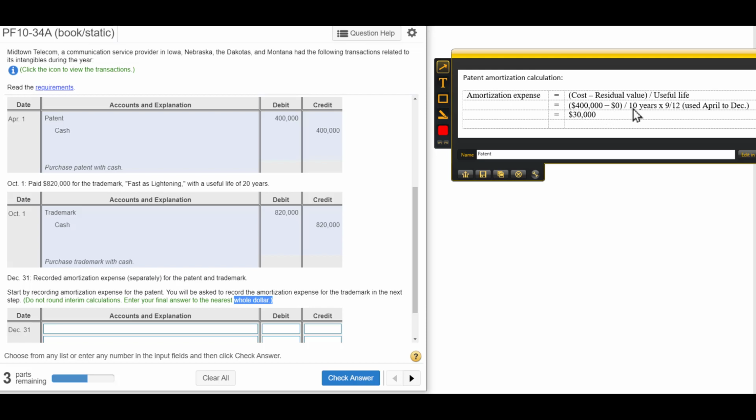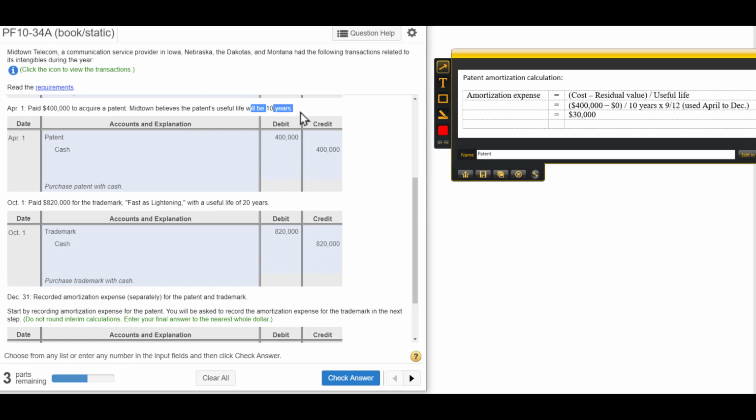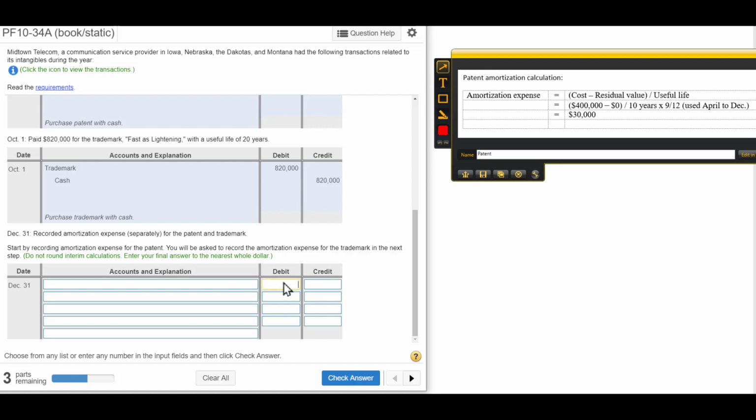So 400,000 divided by the useful life of 10 years, which we get from right here. Now, we did not use it for a full year. We started April 1st, so we did not use it in January, February, and March. We use it from April through December, which is 9 months. So 400,000 divided by 10 is 40,000, times 9 divided by 12 gives us $30,000 of amortization expense.